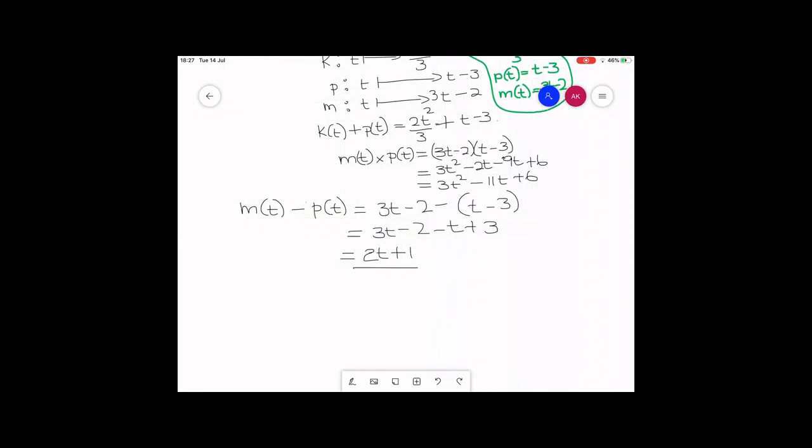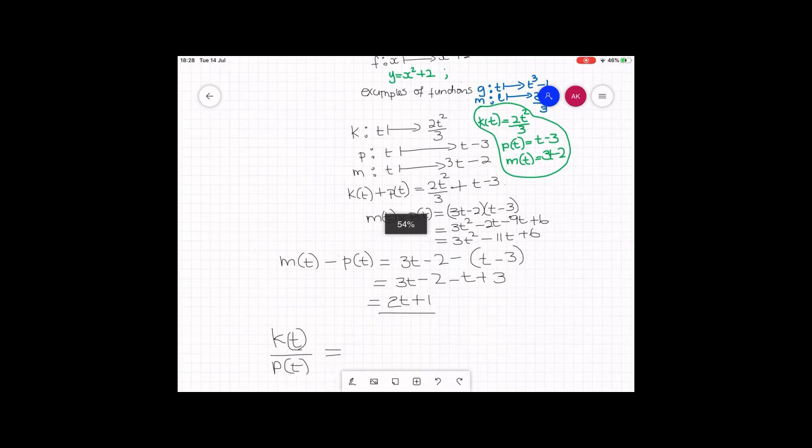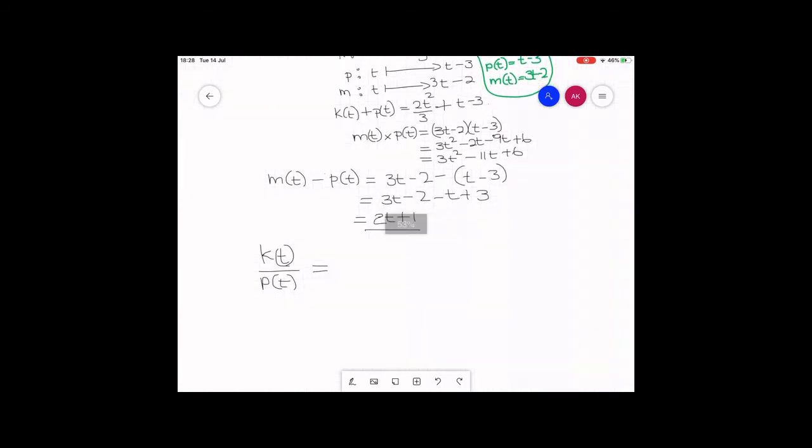We can actually divide them. We can actually divide our functions. For example, k(t) can be divided by p(t). And at times we will not be able to simplify it. So this will equal our k(t). I want to pick up our k(t) is 2t squared over 3.